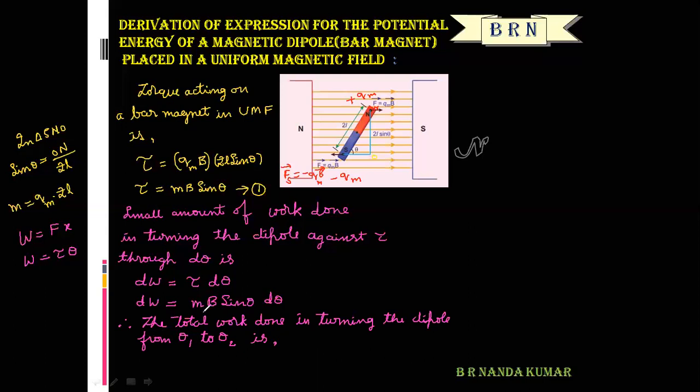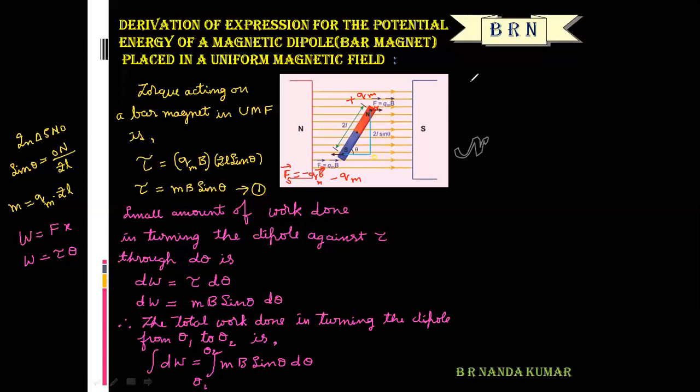So what we have to do now? Just integrate the above equation on both sides. Integration of dW is equal to integration of mB sine theta into d theta. So the limits vary from theta 1 to theta 2. Okay, right?